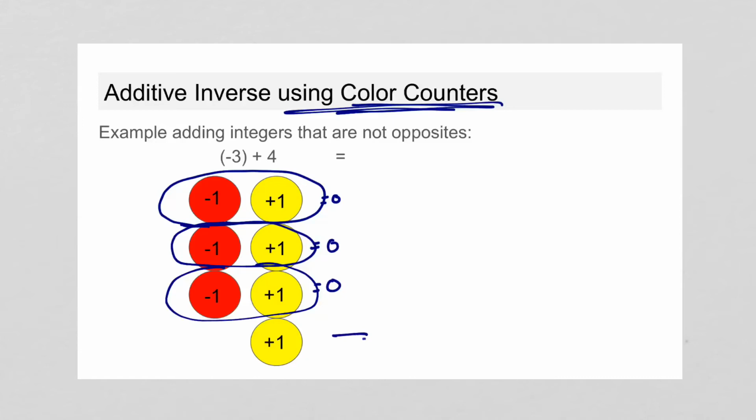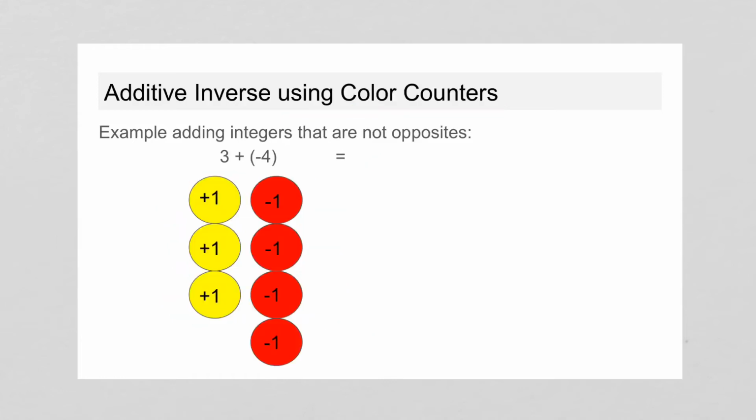The only thing left over is this positive 1. So we can say that negative 3 plus 4 equals 1. After we stop paying attention to our 0 pairs, since they've added to 0, we still have that one positive chip left over.